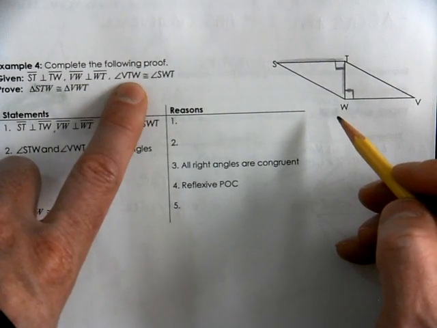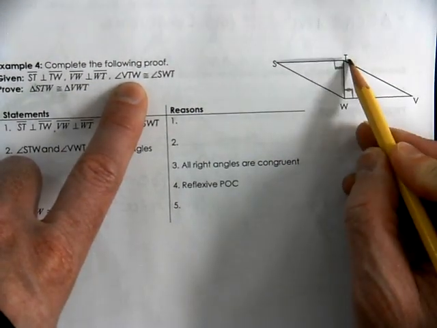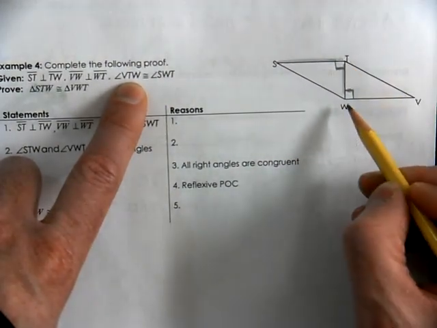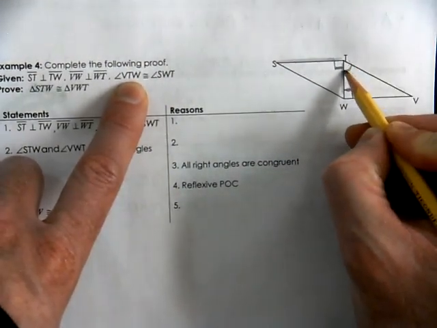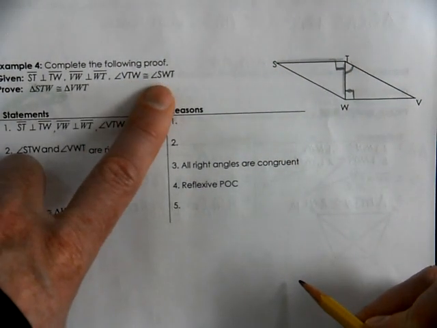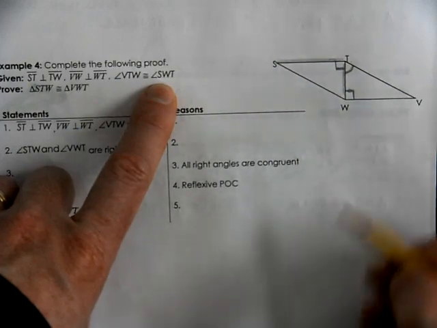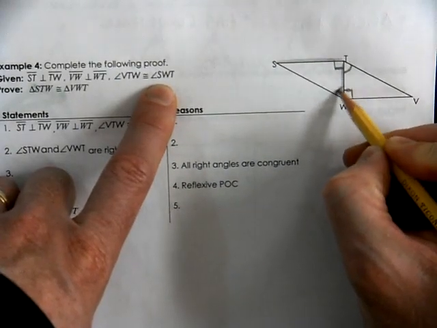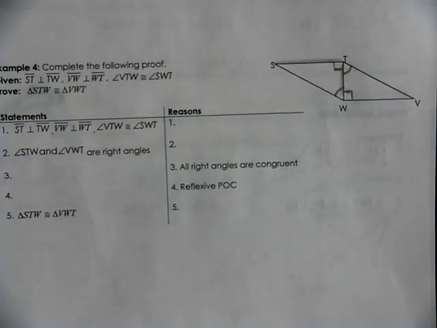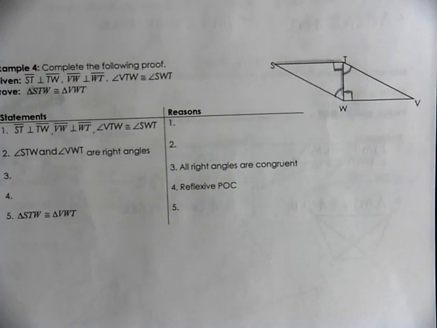Angle VTW. V to T to W. We trace out that angle. VTW, that's this angle right here, congruent with SWT. That's this angle right there. So we have 2 A's involved so far.